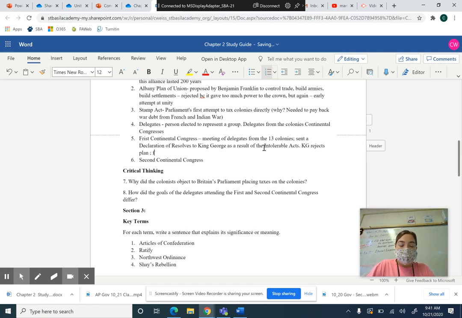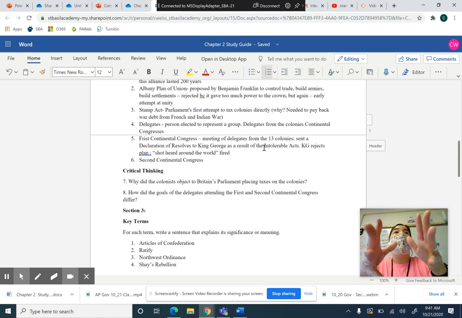And then we see the shot heard around the world, fired where? It's the first armed conflict between the British and the colonies. No, that was actually the Boston Massacre, which is important. I shouldn't have said it that way. The Boston Massacre was super important. That was when the British did first use weapons against the colonies.